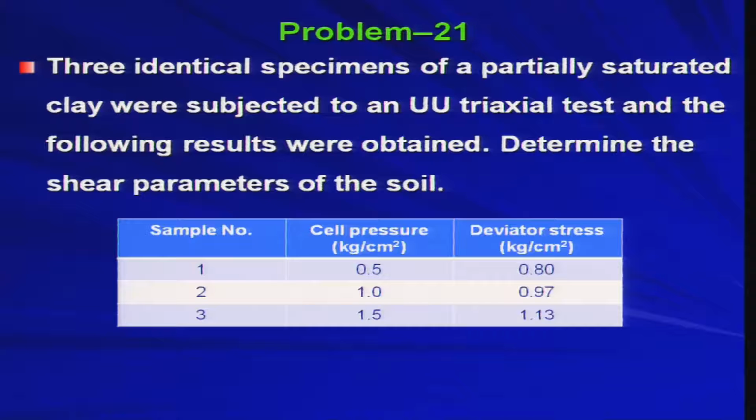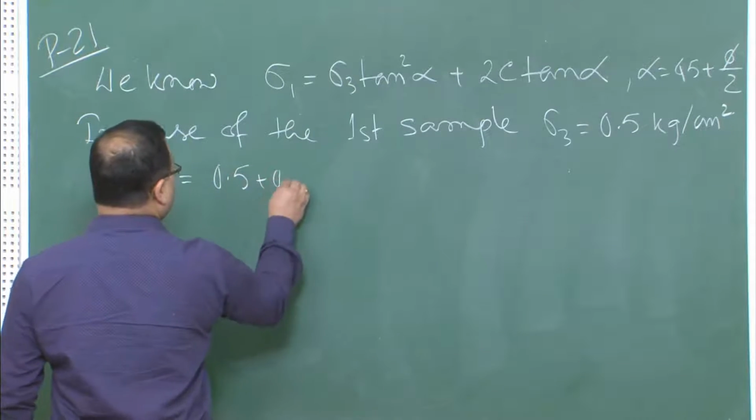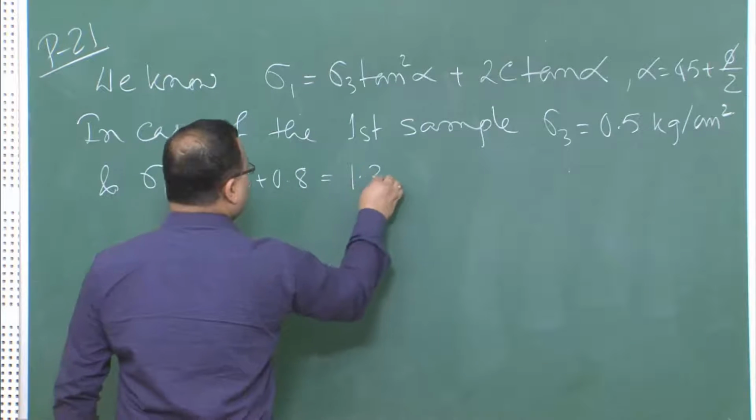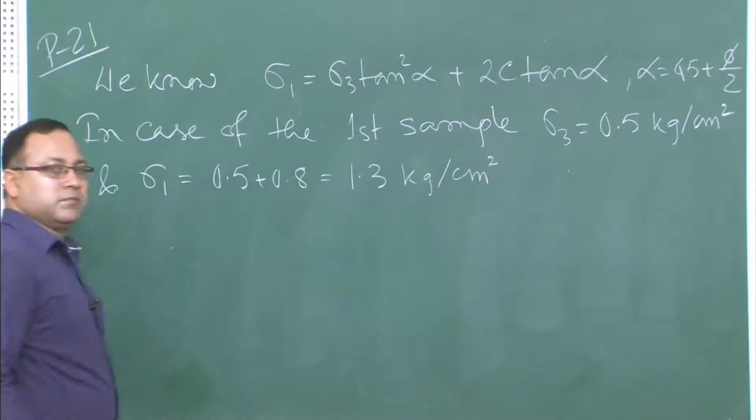Sigma 1 will be sigma 3 plus deviator stress, right. Sigma 3 is 0.5 and deviator stress is 0.8. So, you get 0.5 plus 0.8, which is 1.3 kg per centimeter square.